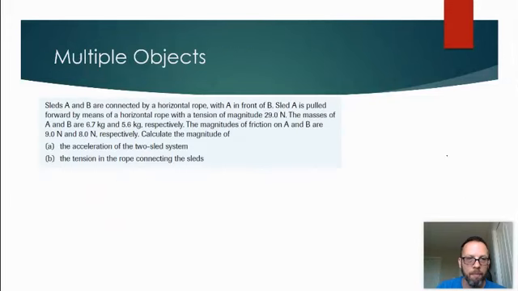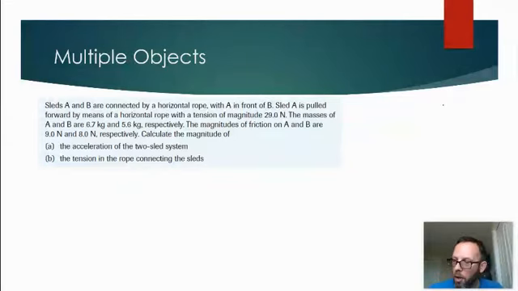Let's continue. Okay, so here we have a system with multiple objects. We have two sleds connected by a horizontal rope with sled A in front of sled B. And sled A is being pulled forward with a horizontal rope, and we have the tension there.